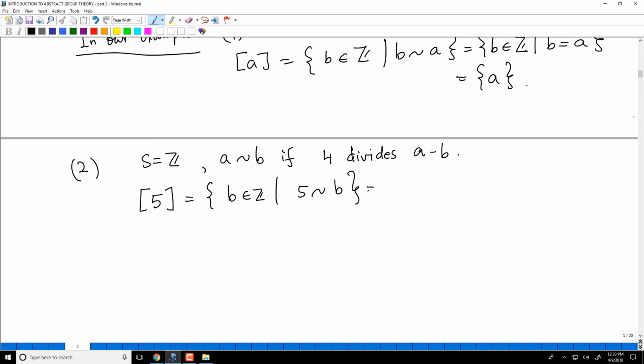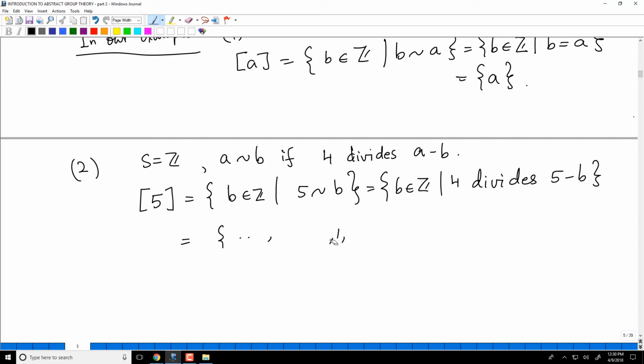So this is all integers b such that 4 divides 5 minus b. If you write these down, what would they be? Just write some of them. 0 is not an element, because 5 minus 0 is 5, and 4 doesn't divide it. 1 is there, because 5 minus 1 is divisible by 4.